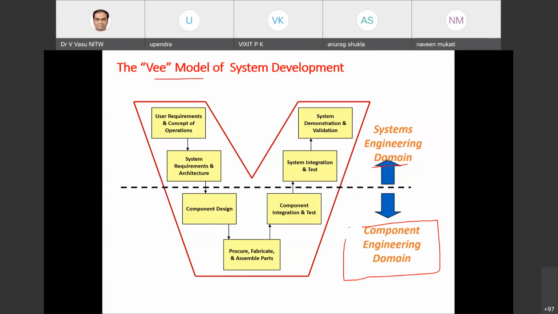This is the component engineering domain, where the individual components are designed, whereas the system engineering domain comes in a top-down manner. Once the components are done, they come for implementation, and in this case we have some verifications done in this manner.